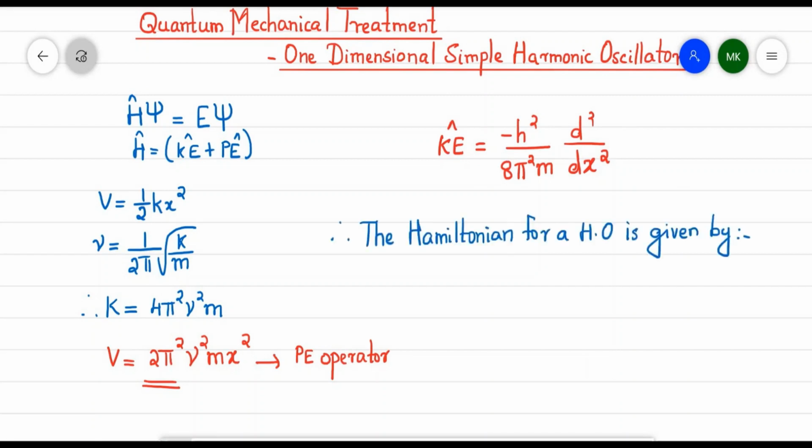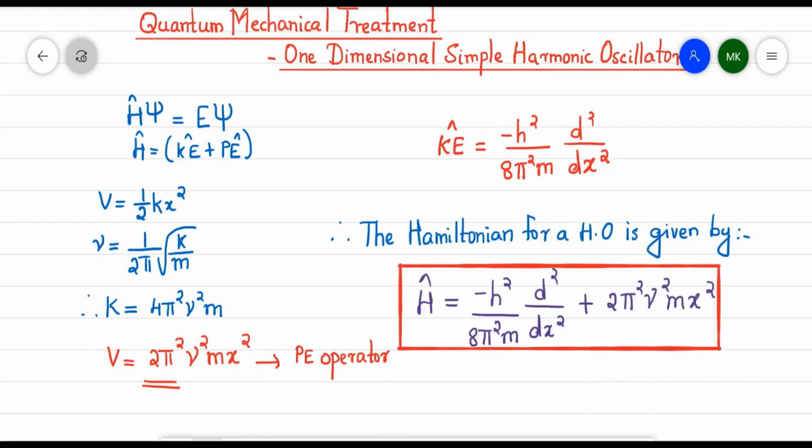Therefore, the Hamiltonian for a harmonic oscillator is H cap equals minus h square by 8 pi square m d square by dx square plus 2 pi square nu square m x square, where m is the mass, x is the displacement, and nu is the frequency of oscillation.